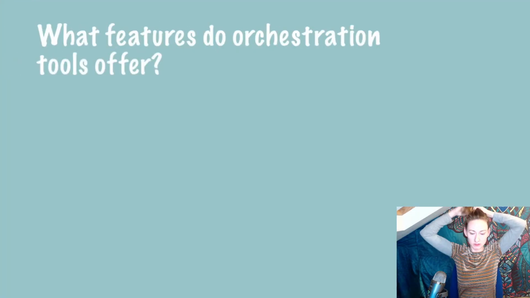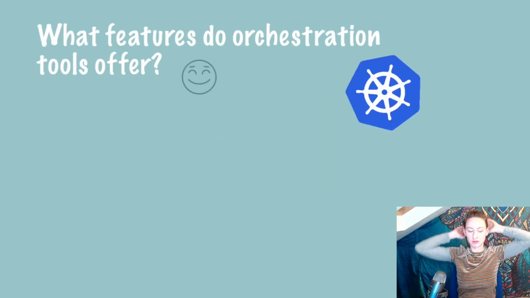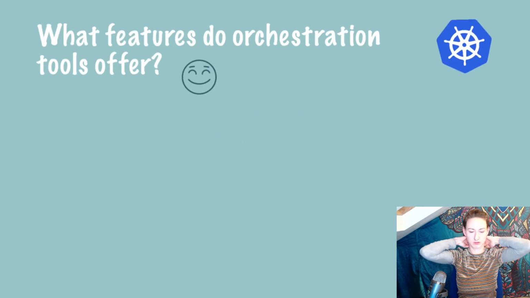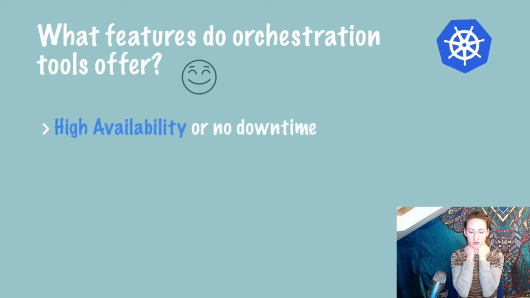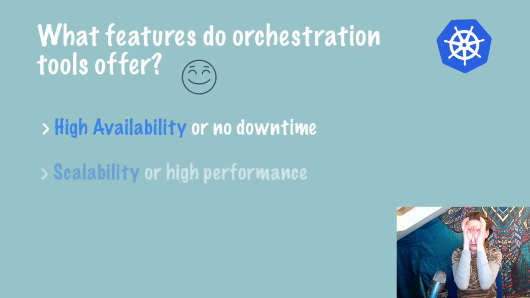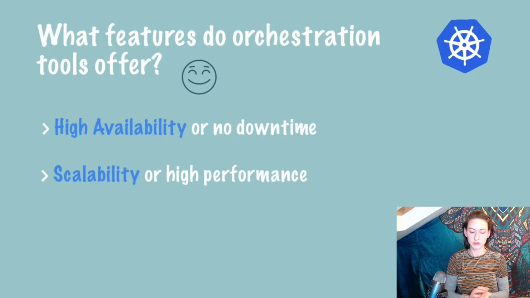What orchestration tools like Kubernetes do is guarantee the following features. One is high availability. In simple words, high availability means that the application has no downtime, so it's always accessible by the users. A second one is scalability, which means that the application has high performance. It loads fast and users have a very high response rate from the application.